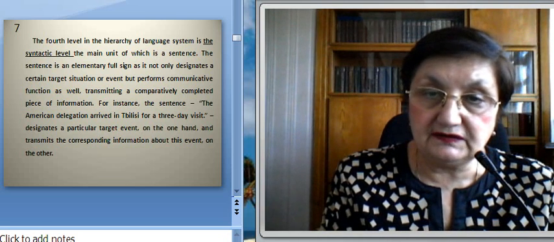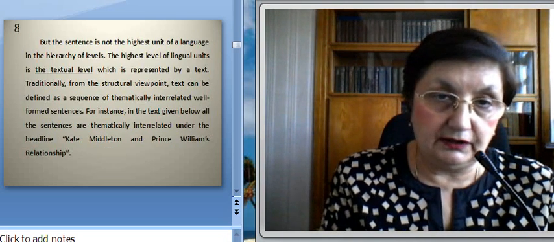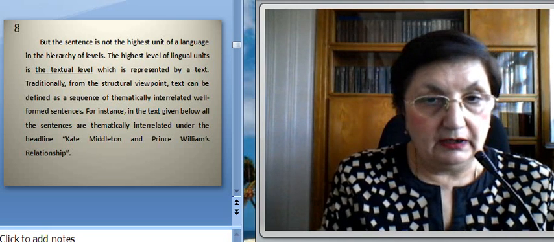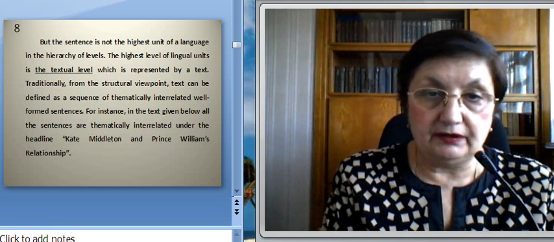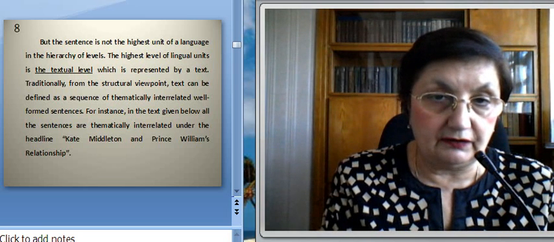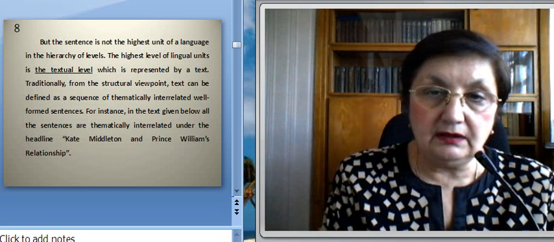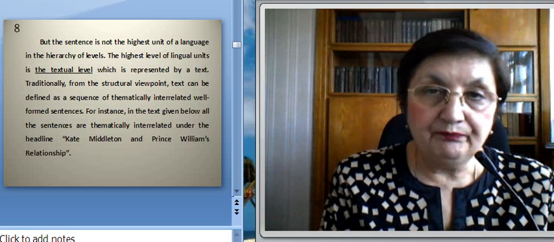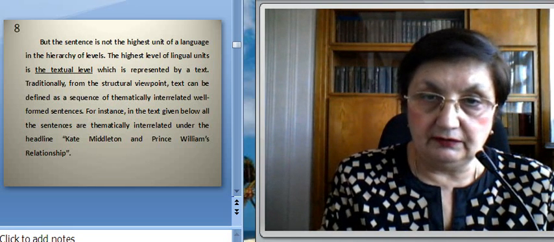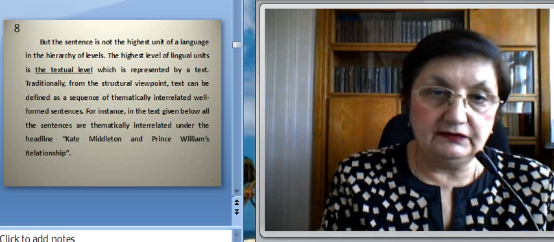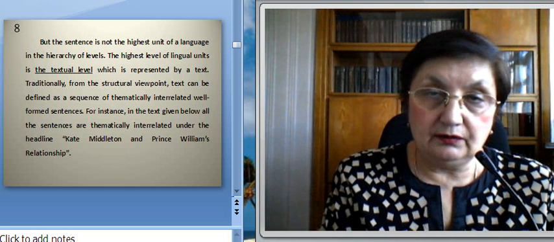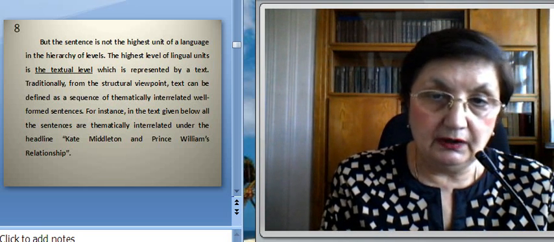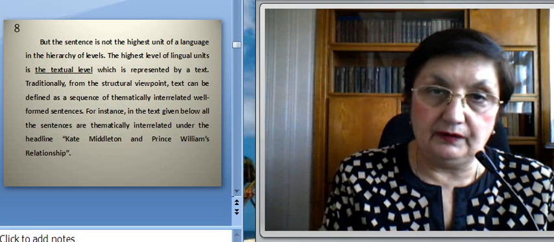But the sentence is not the highest unit of a language in the hierarchy of levels. The highest level of lingual units is the textual level, which is represented by a text. Traditionally, from the structural viewpoint, text can be defined as a sequence of thematically interrelated, well-formed sentences.